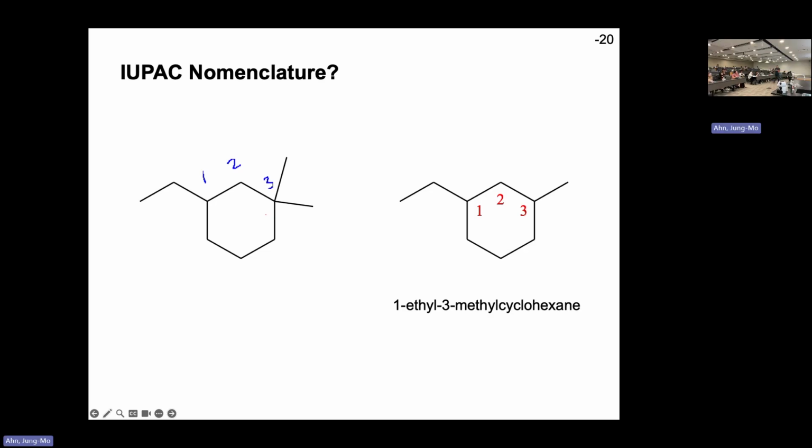Will that work here? One thing that you should pay attention to, there are 2 methyl substituents. Why should we change the numbering? Because if you do it this way, that's going to be 1, 3, 3, right? That's higher numbers compared to 1, 1, 3.